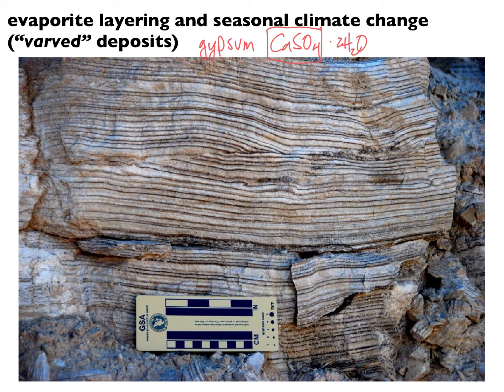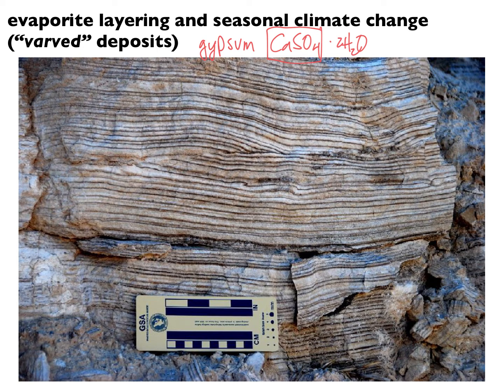Because we're fluctuating between gypsum and anhydrite, that's telling us something about seasonal changes in the climate, going from relatively wet seasons, where you might precipitate gypsum, to drier seasons where you might precipitate anhydrite, and then back to gypsum, in the winter months and then anhydrite in the summer months.